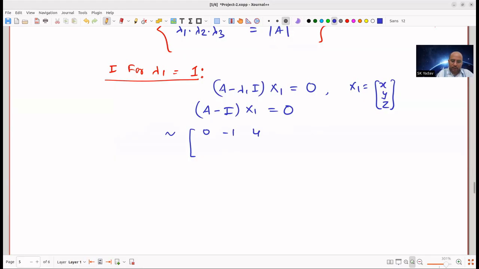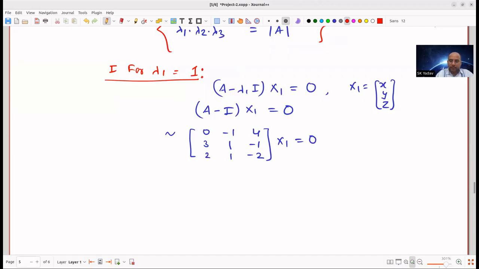Second row is 3, 1 minus 1. Third row is 2, 1 minus 2. x1 equal to 0. Now we have to be very clear that this matrix should be changed into row echelon form so that I can easily write x, y, z.